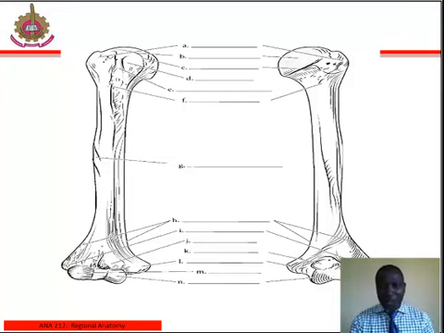Its upper half is rounded and indistinctly marked, serving for the attachment of the lower part of the insertion of the teres minor, and below this giving origin to the lateral head of the triceps brachii. Its center is traversed by a broad but shallow oblique depression.